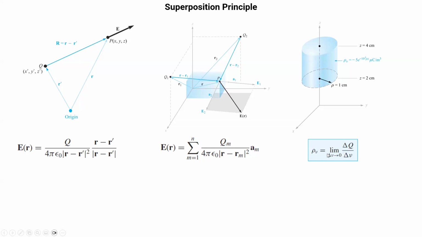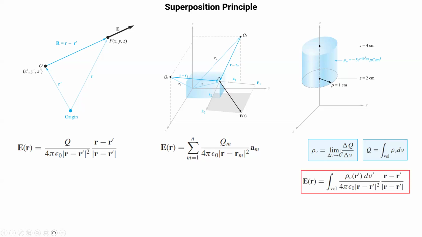And then you take the limit of this volume to 0. In this case, you can convert the summation of the charges to the integral over the volume using the charge density function.